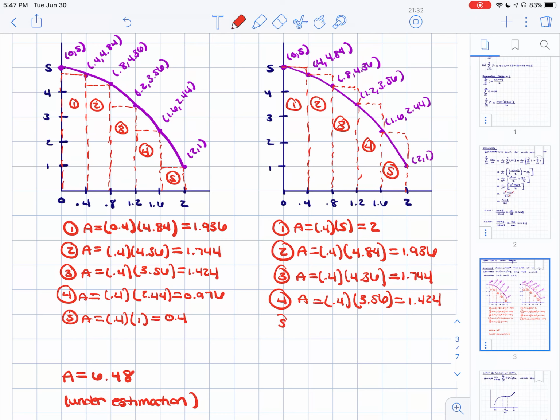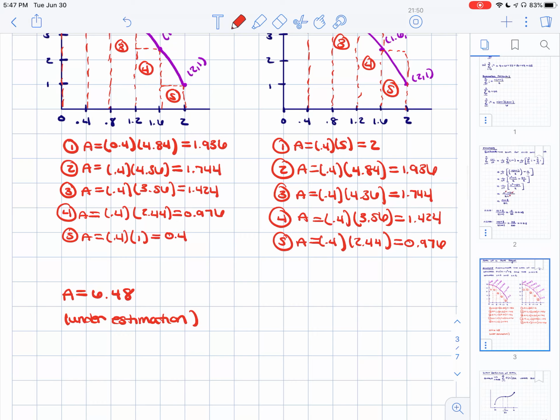There we go. And then number 5 has a height of 2.44. And that one is 0.976.